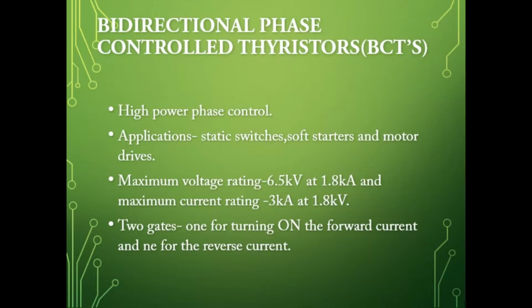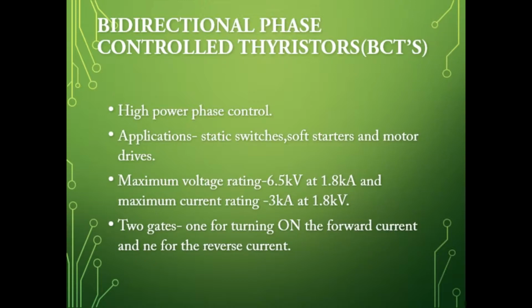The applications of these BCTs are in static VAR compensators, static switches, and in motor starters. The maximum voltage rating can be around 6.5 kilovolt at 1.8 kiloamperes, and the maximum current rating can be as high as 3 kiloamps at 1.8 kilovolts.